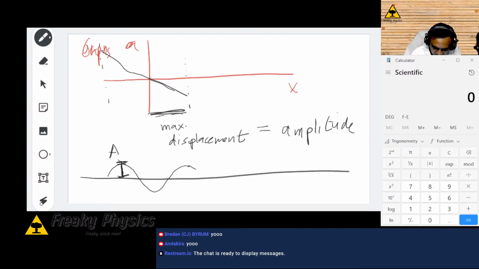So this to this would be A, and here would be negative A, which would correspond to this point. Whenever you see a graph of acceleration versus displacement, you would always expect a straight line graph, and it's going to have boundaries like this. It's not going to go on forever. So that's the first part.